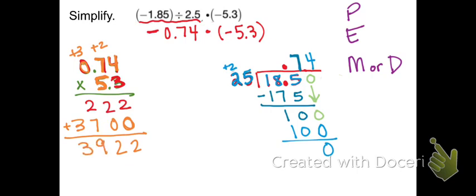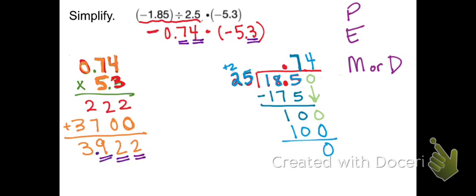And our very last step is to figure out where the decimal point goes. You look at the two numbers that you multiplied and how many places there are to the right of the decimal in total. There's 1, 2, 3. So there has to be 3 places to the right of the decimal in our answer. 1, 2, 3.